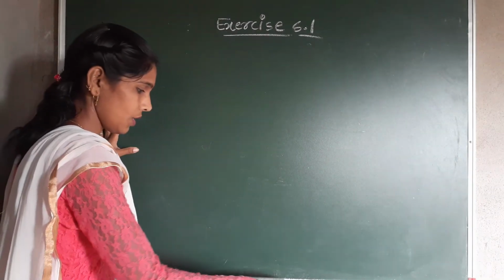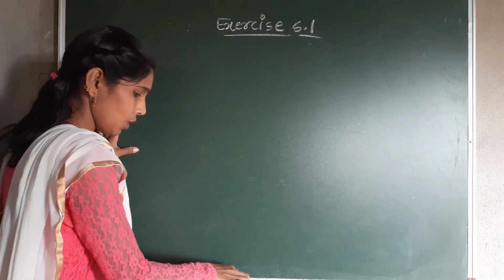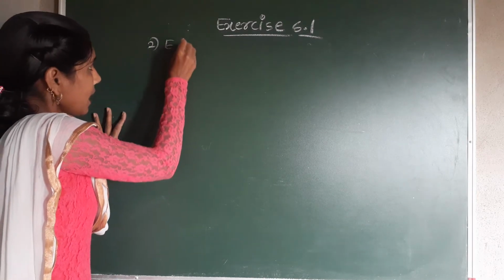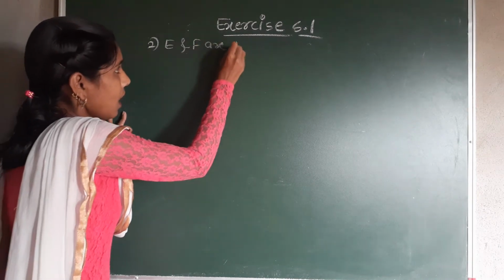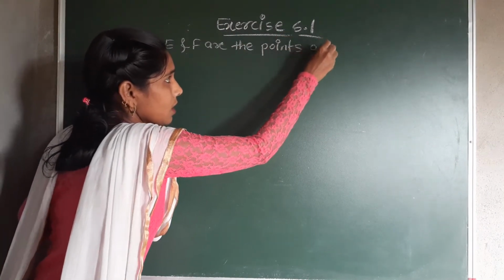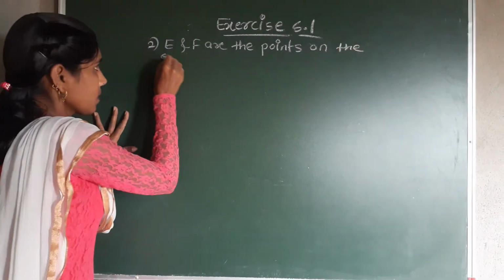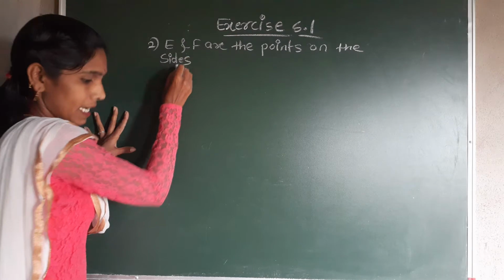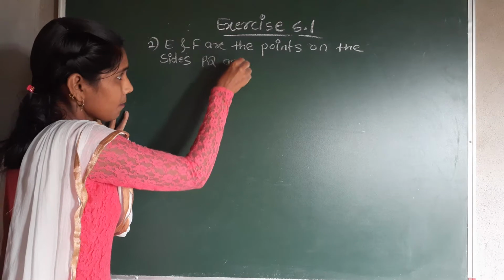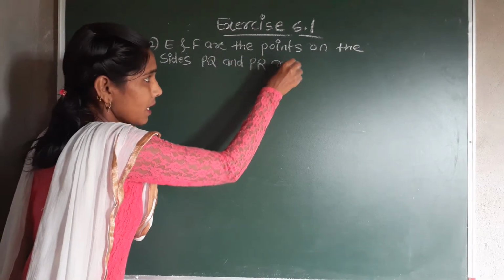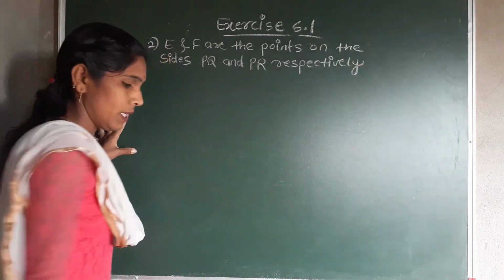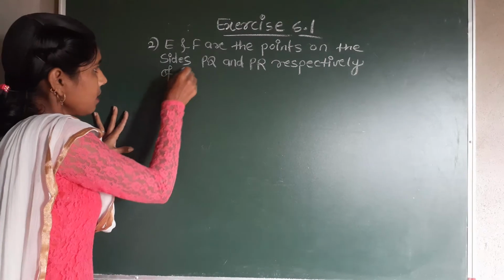E and F are points on the sides PQ and PR respectively of triangle PQR.